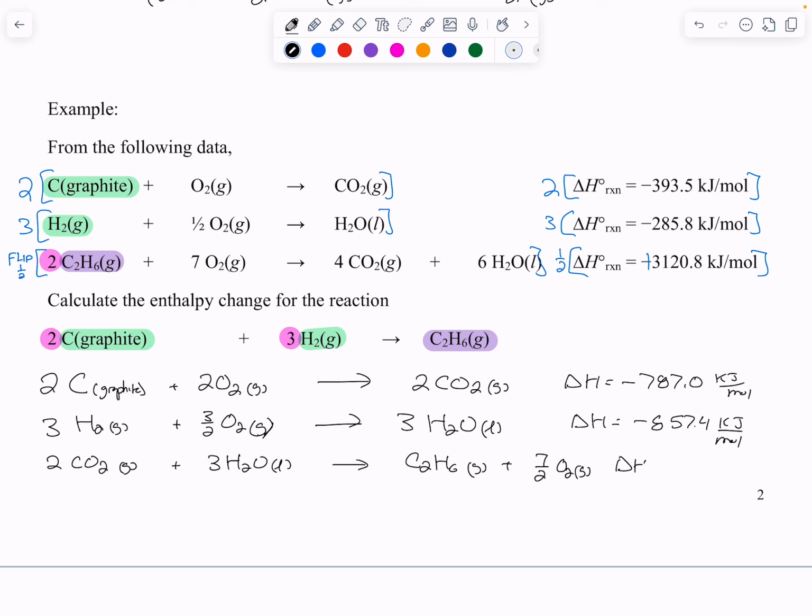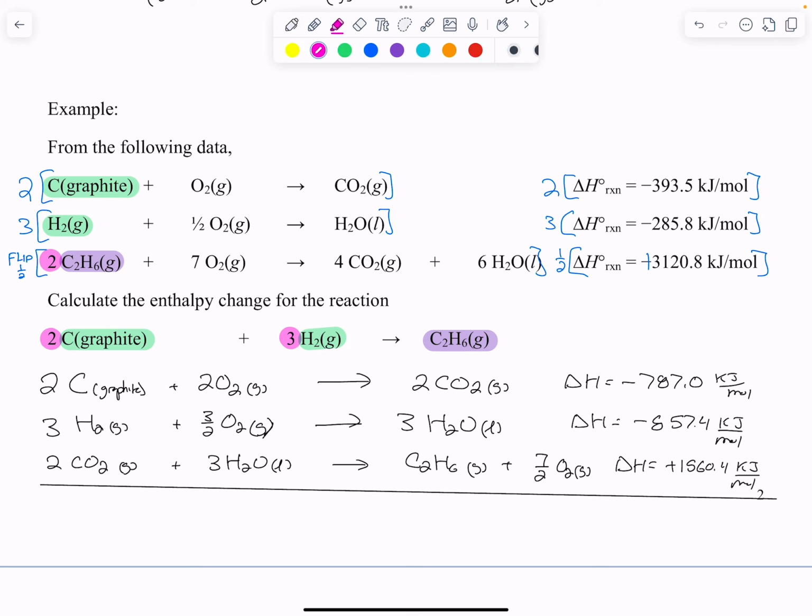And that delta H is going to be 1/2 of 3120.8. So 1560.4, positive 1560.4 kilojoules per mole. All right.